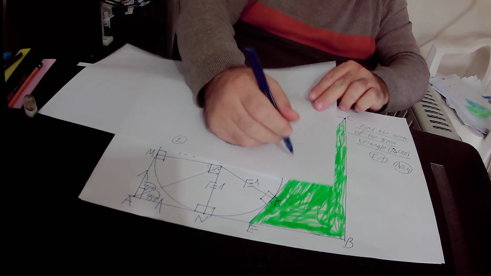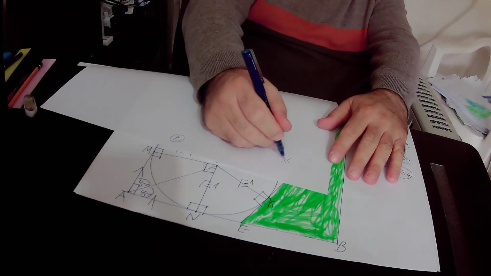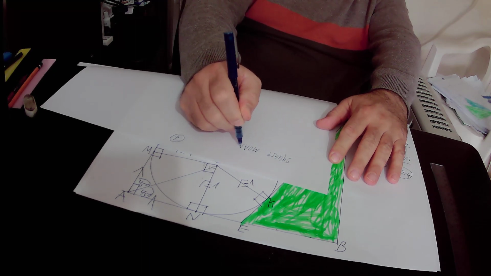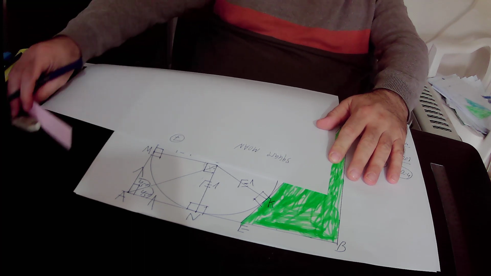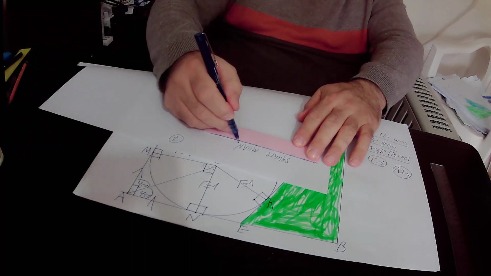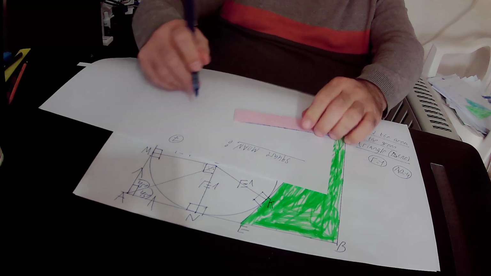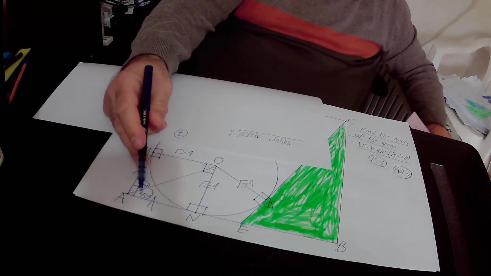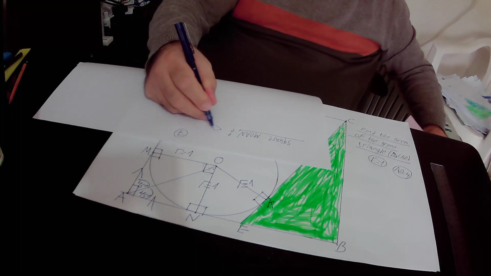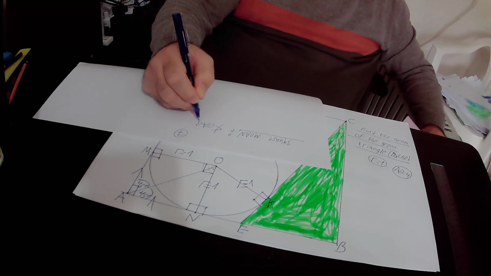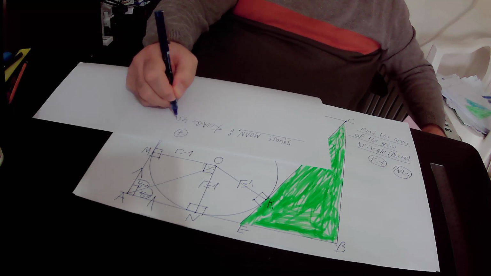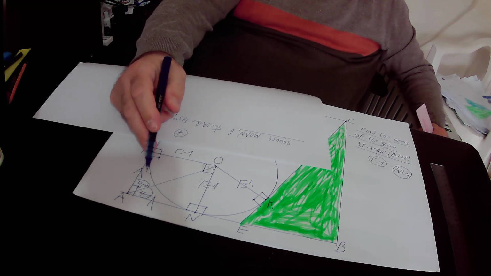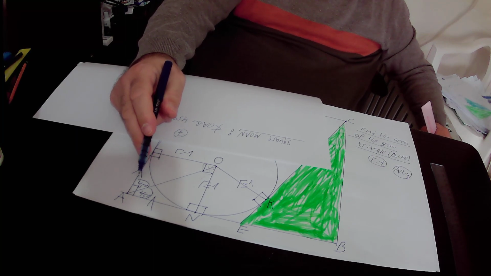So in square MOAN, this angle OAB equals 45 degrees according to rule number 6, that the diagonal OA bisects this angle A into two angles of 45 degrees.